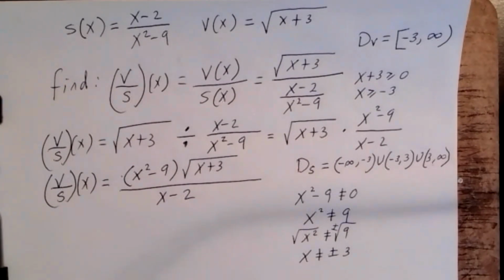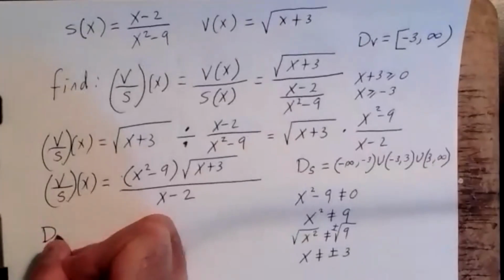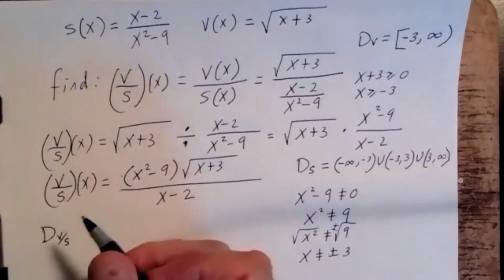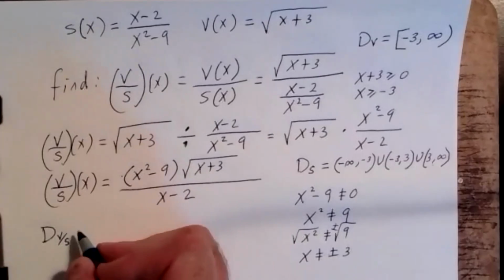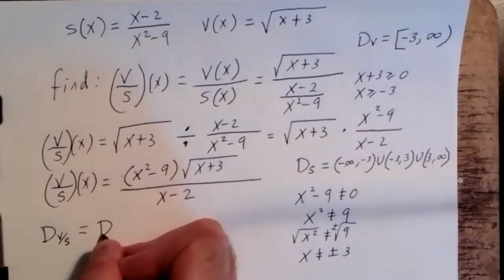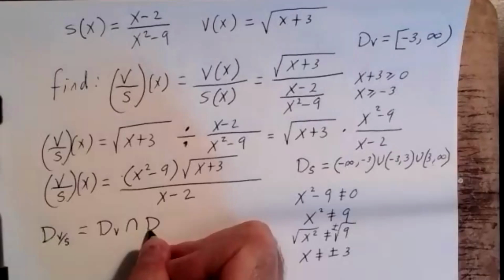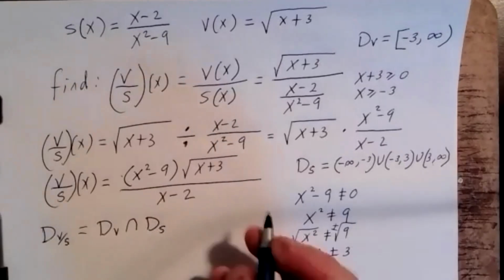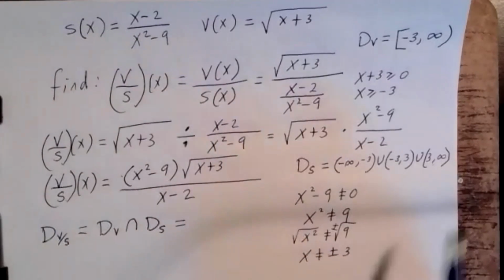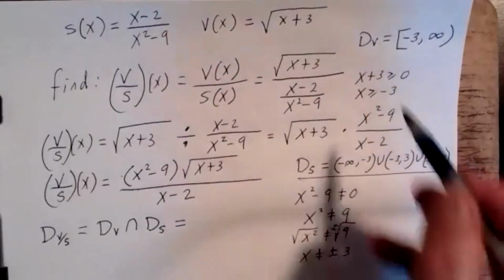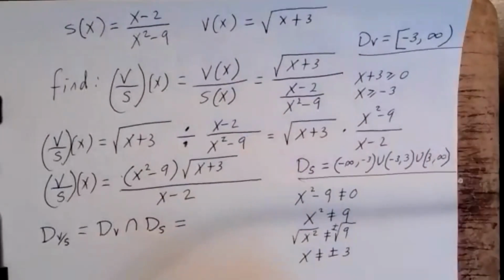Now I have a question for you, ladies and gentlemen. What would be the intersection of those domains? The domain of this quotient function v divided by s is going to be the intersection of the domain of function v and the domain of function s. What's the intersection of this domain and this domain?